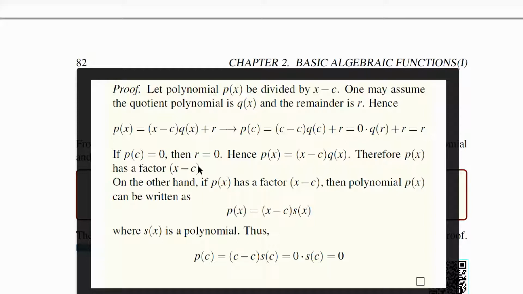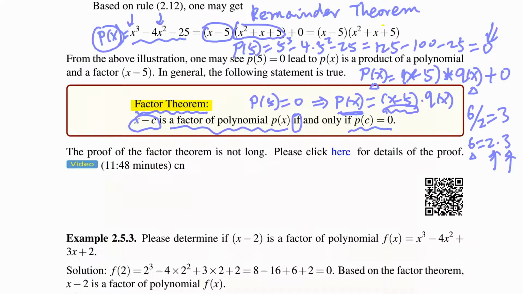From this part to the third row, that's basically the proof of the remainder theorem again. You do not have to repeat. Okay, p of c is 0, then by the remainder theorem, the remainder r is 0, then p of x will be written in this way. So you can claim x minus c is a factor, or p of x has a factor x minus c. That's one part of the factor theorem here.